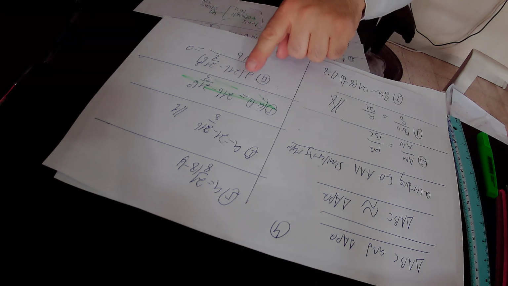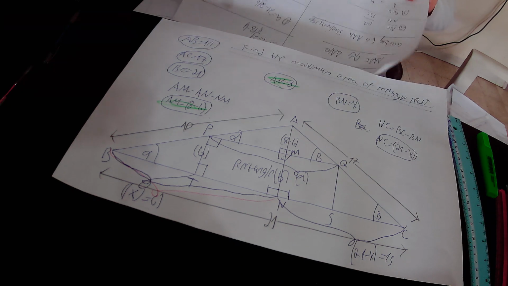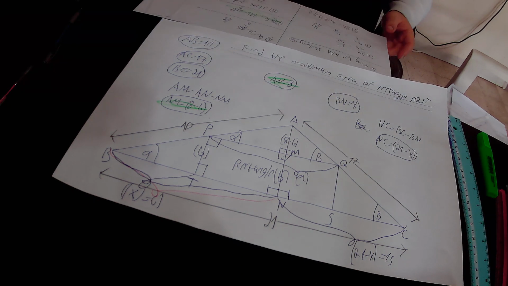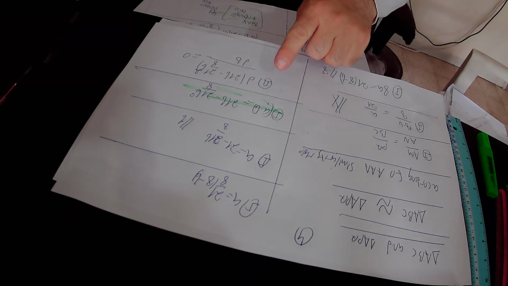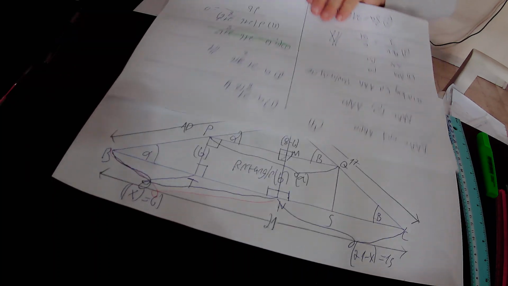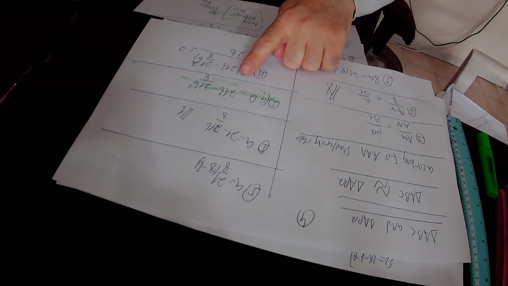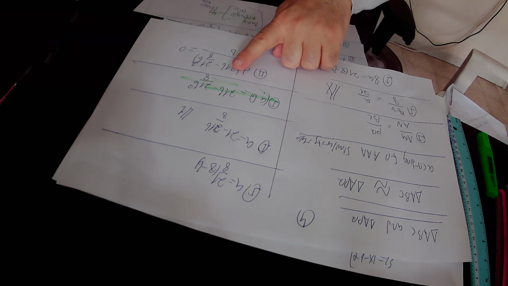So actually, this is the function area of this rectangle PQST, because A times B is the length times the width. So the area equals 21B minus 21 over 8 times B squared.